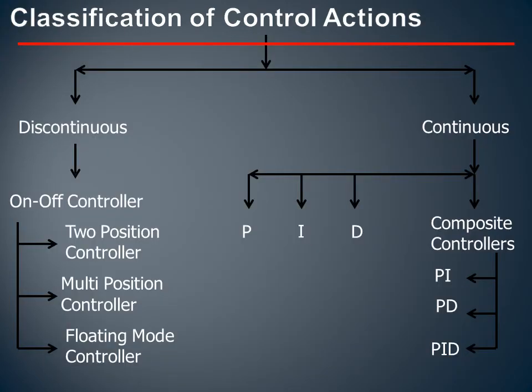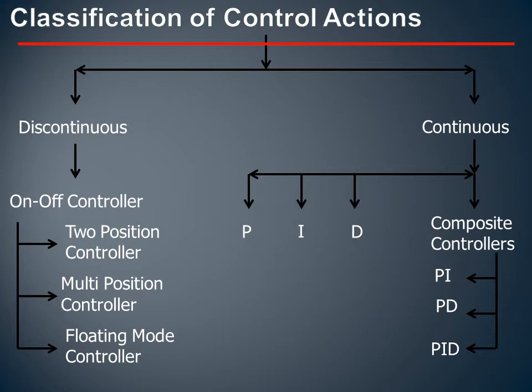Next point is classification of control actions. Broadly there are two types of control actions. First is discontinuous control action and second is continuous control action. In the discontinuous control action we are going to study the on-off controller.